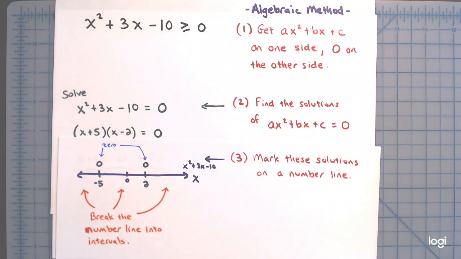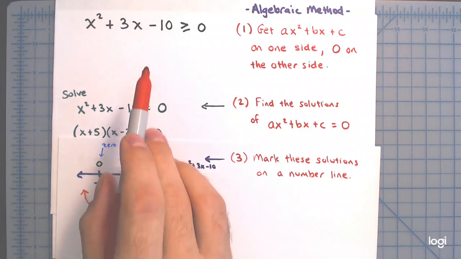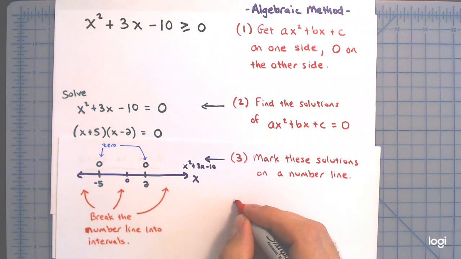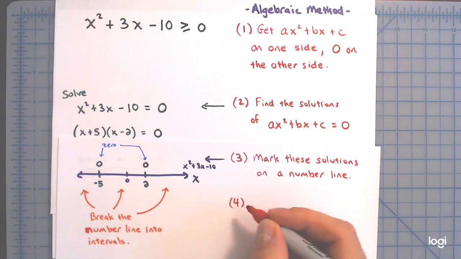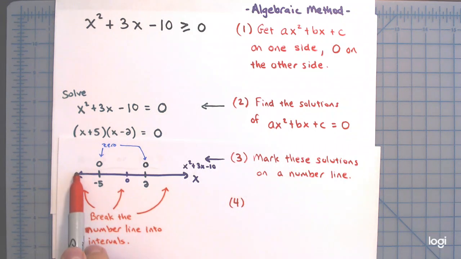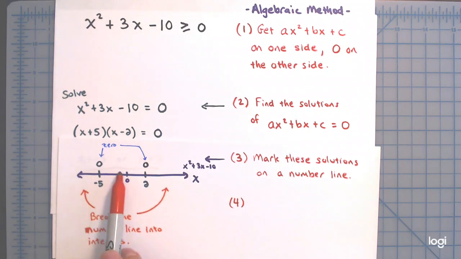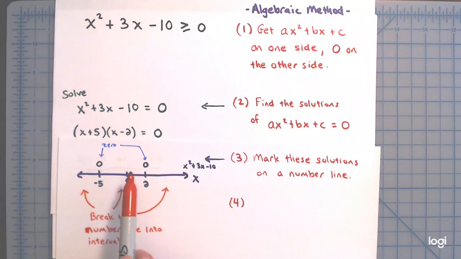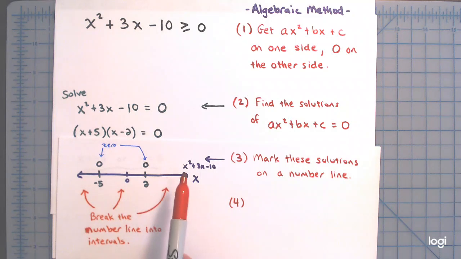So I've marked these numbers on a number line and wrote that these numbers make the expression on the one side of my inequality equal 0. Now we're going to see what happens in all these intervals around these numbers: to the left of -5, between -5 and 2, and to the right of 2.